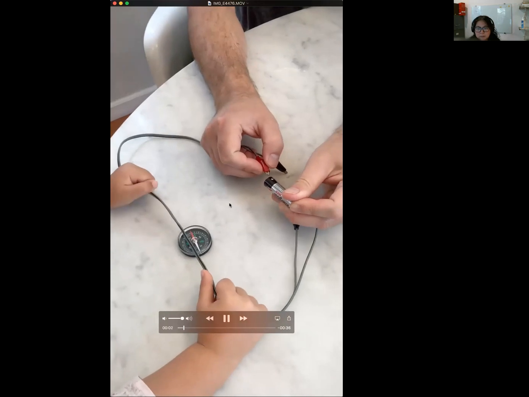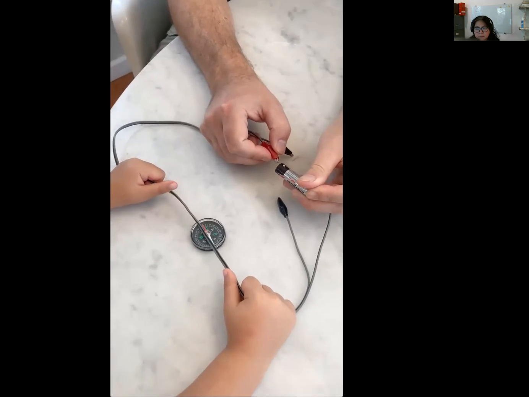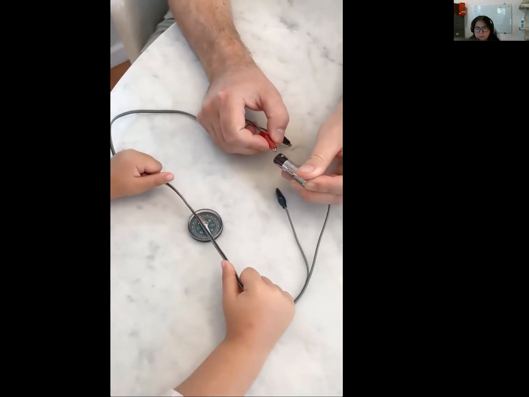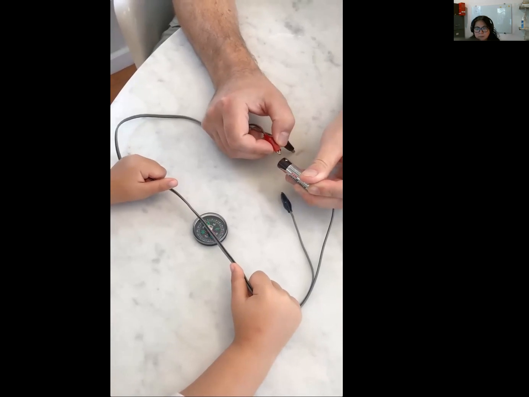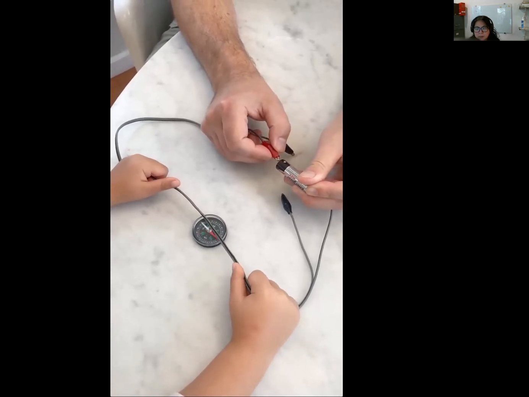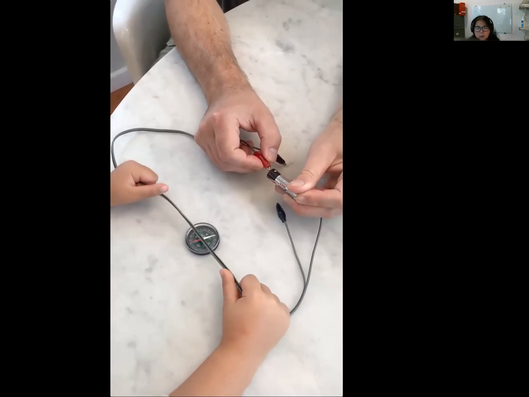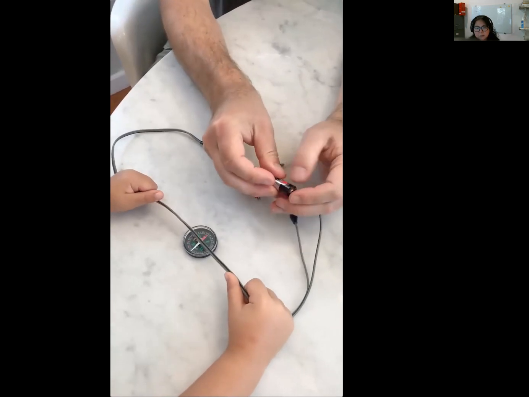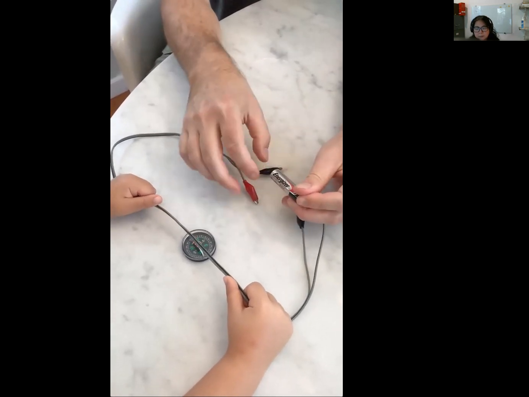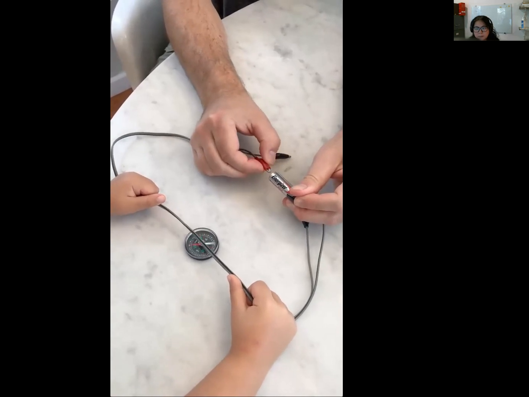All right, so the wire not connected to the switch right now is parallel to the needle, and we're going to turn on the switch. See, you see the needle deflected completely. How about if we flip the battery? So reverse the direction of the current. Which direction this time will the needle turn? You see it?